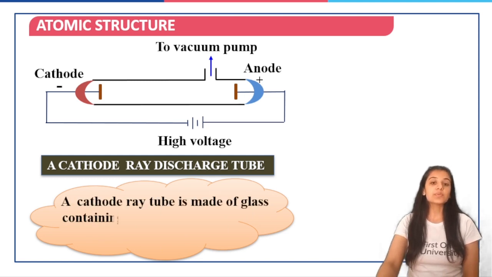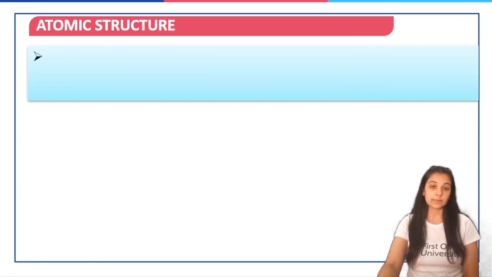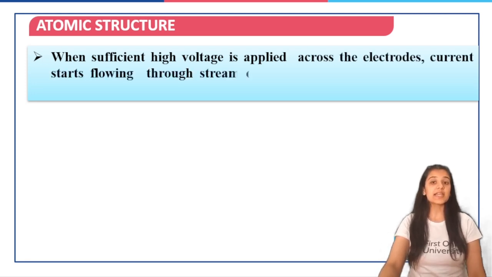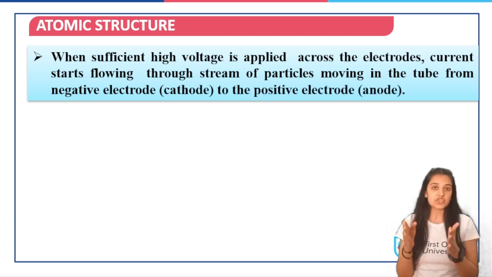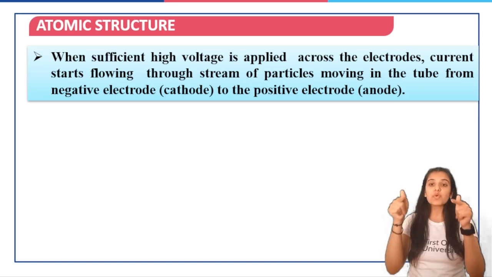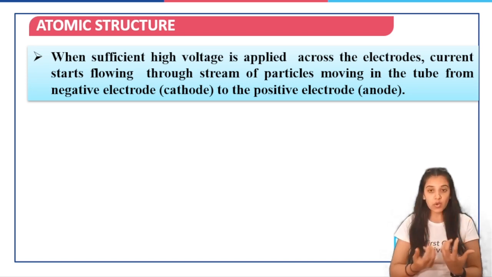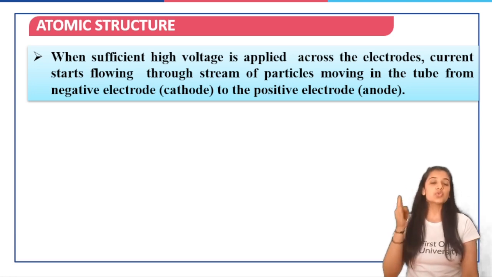A cathode ray tube is basically made of glass which contains two thin pieces of metal electrodes which are sealed in it. When sufficiently high voltage is applied across these electrodes, the current will start flowing, and because of the flow of current, a stream of particles moves in the tube from the negative electrode to the positive electrode, that is, from cathode to anode.